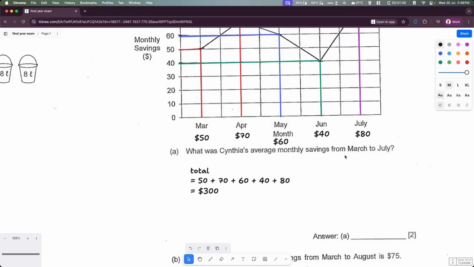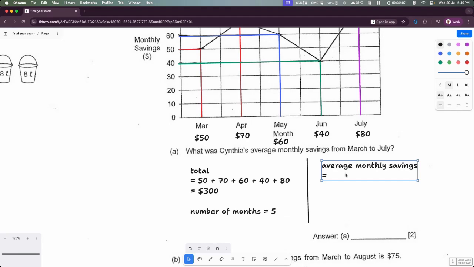Okay, so now the next one is what's the average? So 1, 2, 3, 4, 5. So number of months is equal to 5. Then I'm going to put a line here. Average monthly savings is equal to, in this case, total divided by number of months.